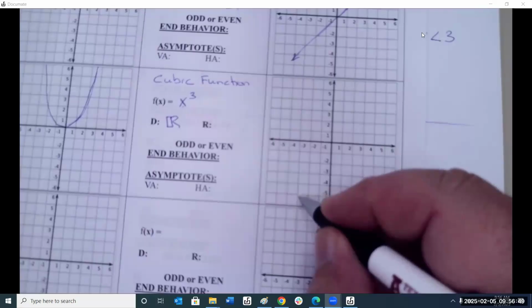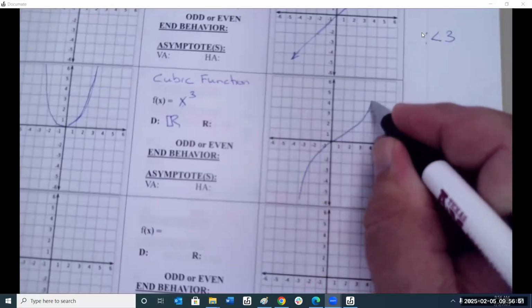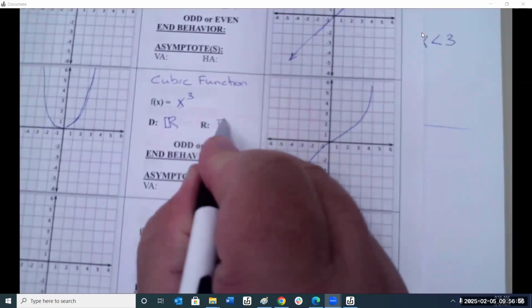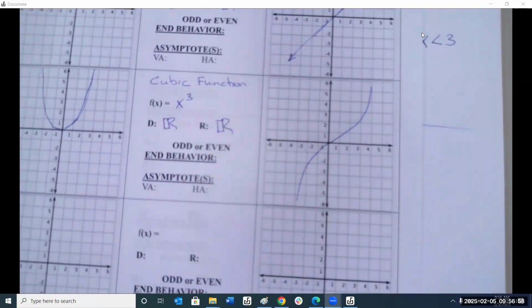So in this type, that's a cubic function, so it could be all real numbers. Because if I put a negative 2 in there, negative 2 times negative 2 is positive 4, times negative 2 is negative 8.